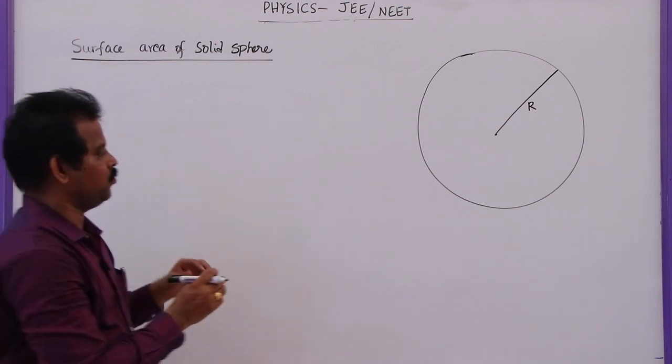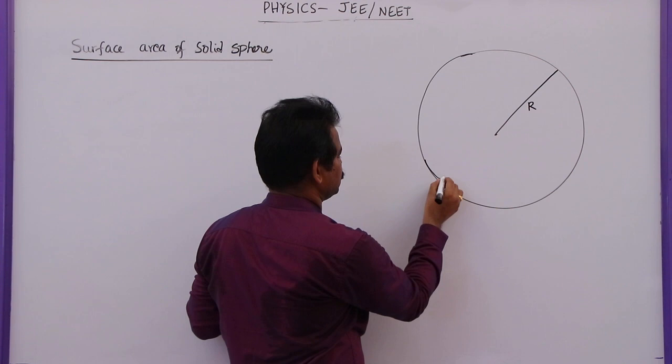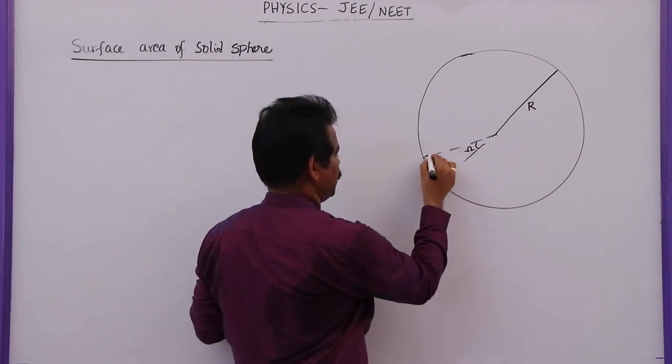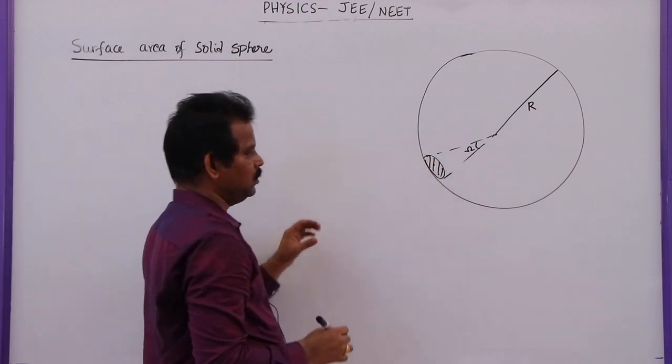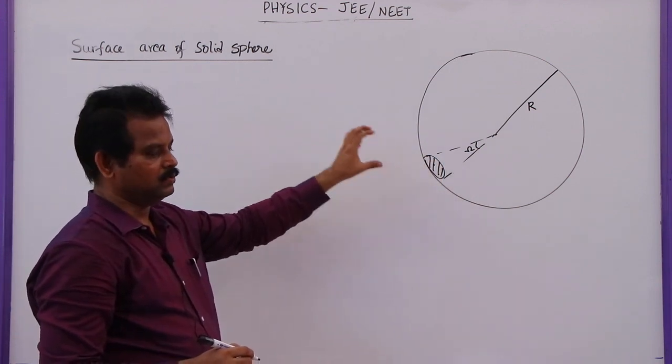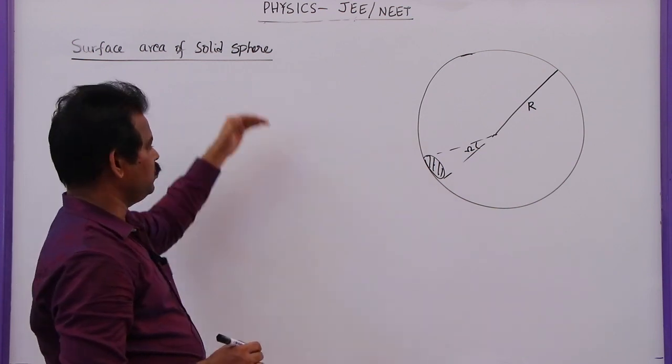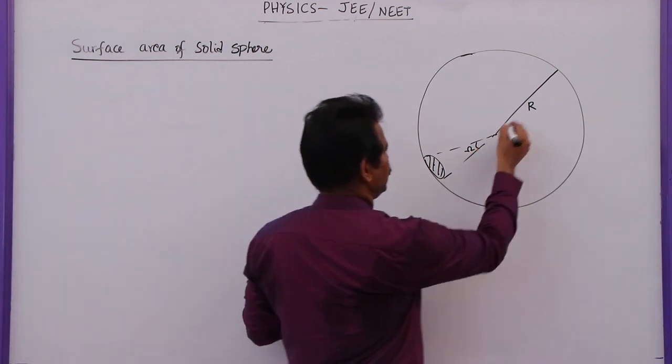That means if you take only this much surface, which makes some solid angle omega here, what is the area of this one? To find this surface area, a small portion of the surface of a sphere, I am going to derive an expression. Here this is the radius r.